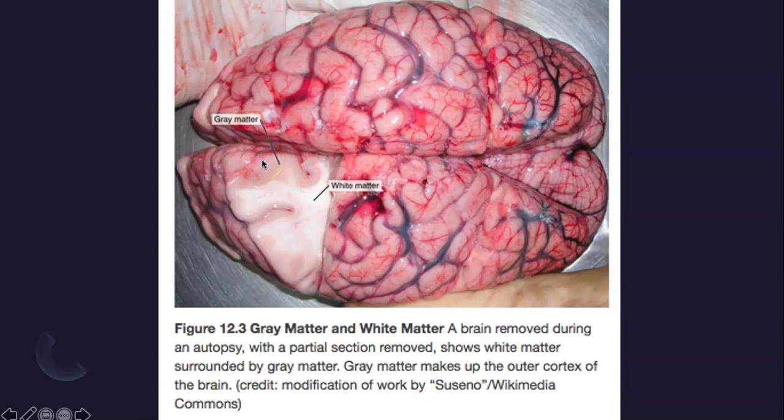And by the way, it's just called gray because it's slightly darker, not because of the color itself. The color itself might actually be pinkish because there's blood vessels flowing through it, but it's just slightly darker. But you can actually see with the naked eye two distinct regions here.